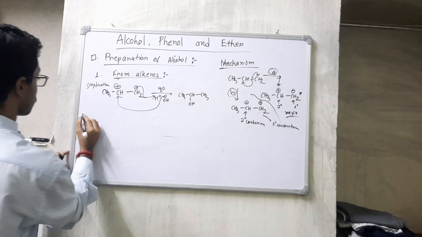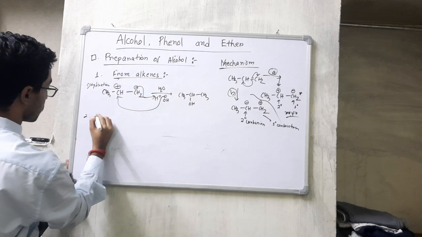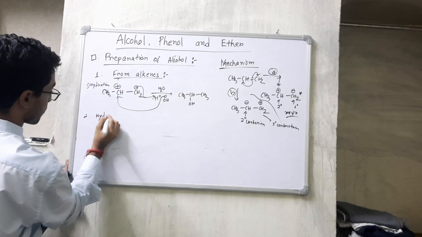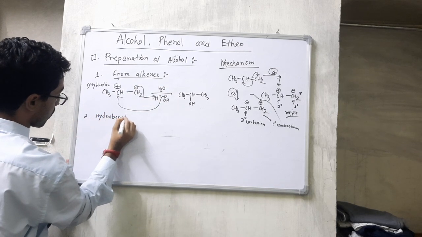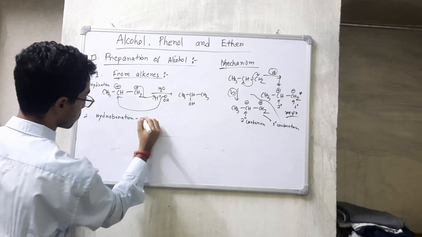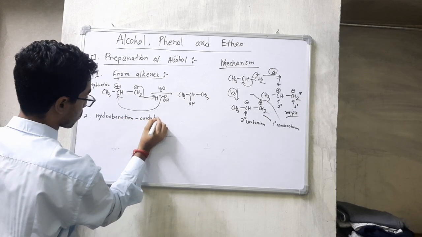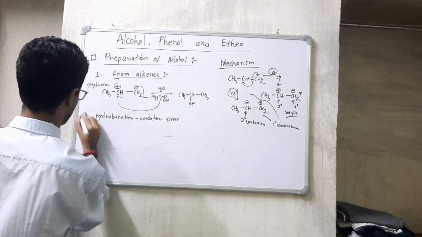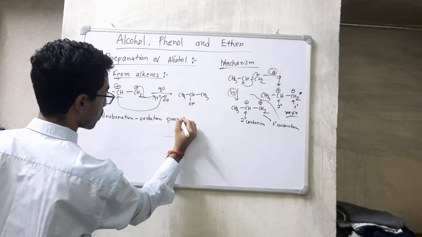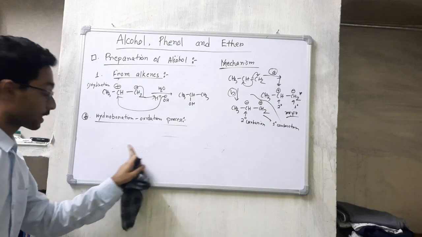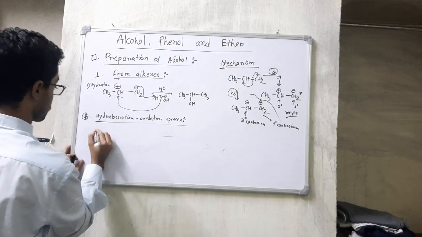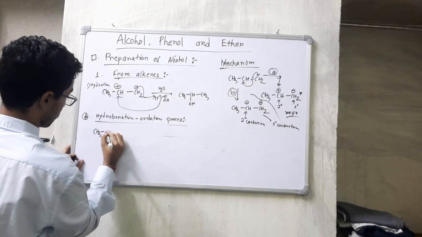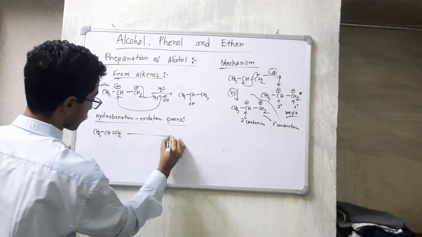Number two, from alkene also, there is a reaction called the hydroboration oxidation process. It is also from alkenes, this one, propene. What is the reagent?